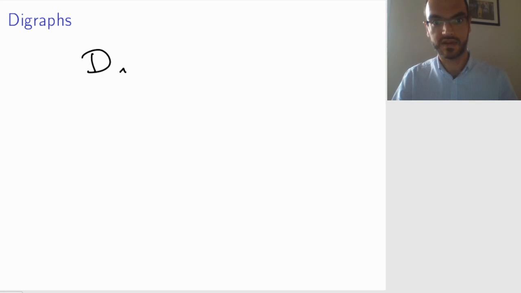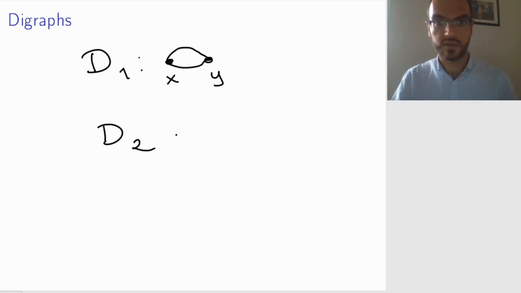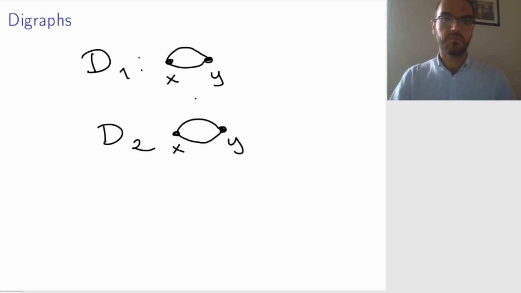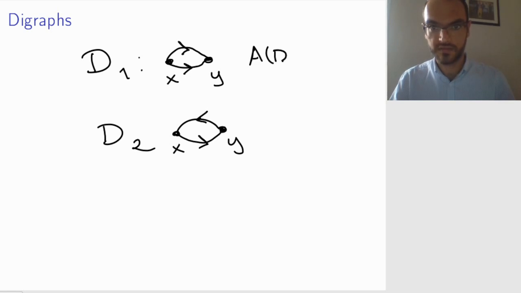Let me look at the digraph D1, which looks like this, and the digraph D2, which also looks like this. But now I forgot the directions, so maybe let's say that this graph has these edges and this graph has these arcs. So the arcs of D1: this is the arc going from X to Y, and it's counted twice.